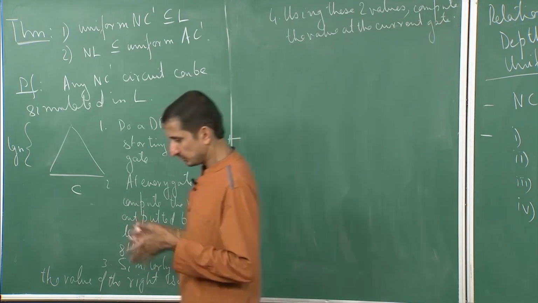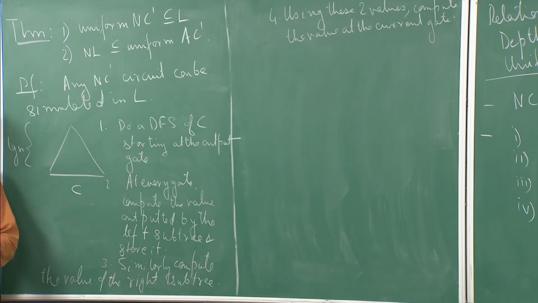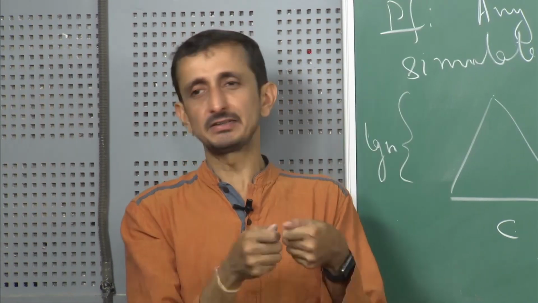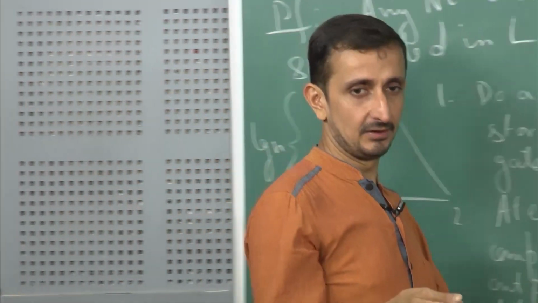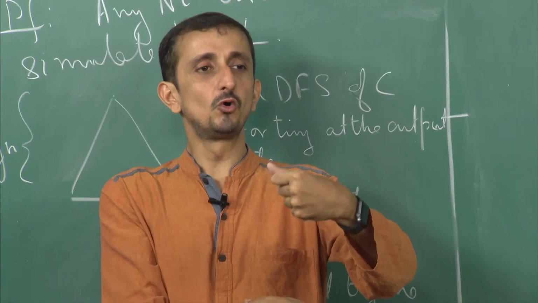Okay. So, essentially observe what are the things that we are storing. At any gate, essentially what we have stored is the path that I have taken to reach that gate. What is a path? A path is just a sequence of left and right. From the parent, which edge am I choosing to go to the next child?